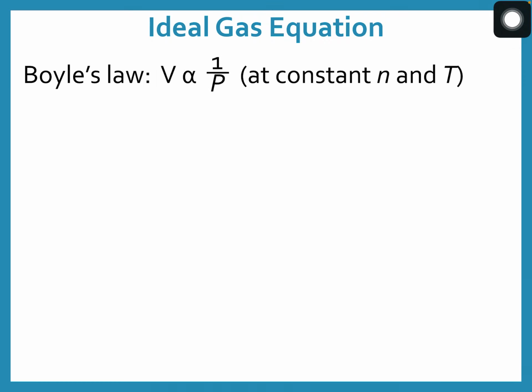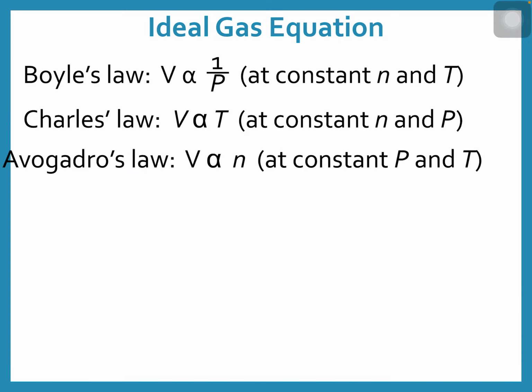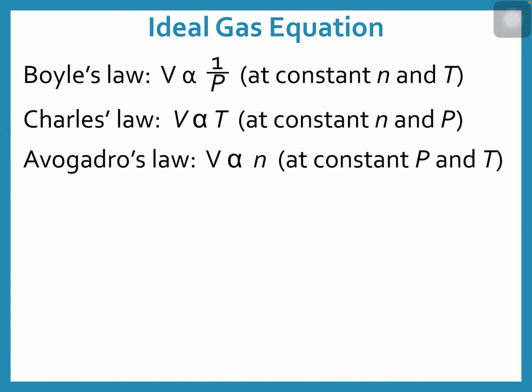From Boyle's law, we have an inversely proportional relationship between volume and pressure, and we have a directly proportional relationship between volume and temperature from Charles's law, and also from Gay-Lussac's law between pressure and temperature, and then from Avogadro's law, a direct proportion between volume and number of moles.